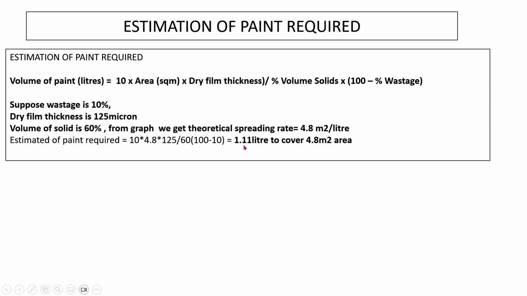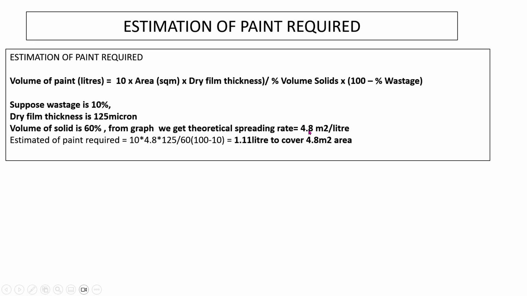That will give you 1.11 liter to cover 4.8. Earlier, per liter, it was covering 4.8 meter square. Now to cover 4.8 meter square of area, you require more paint, that is 1.11 liter, because there is some wastage.